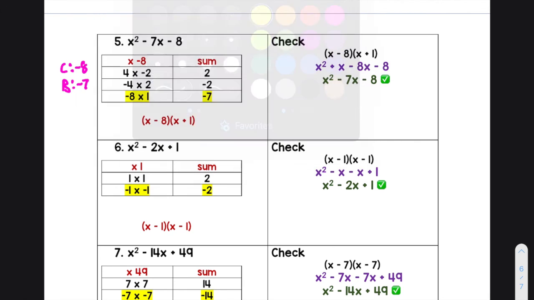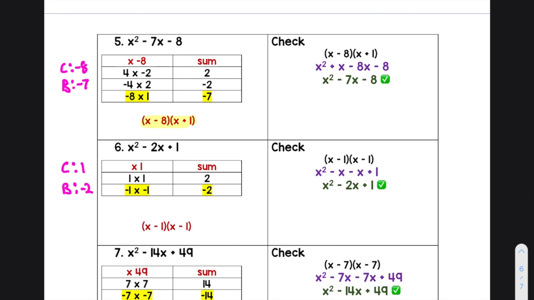Therefore, our factors are x minus 8 and x plus 1. Over on the right-hand side, you'll see that when we multiply those, we'll arrive at our trinomial x squared minus 7x minus 8.